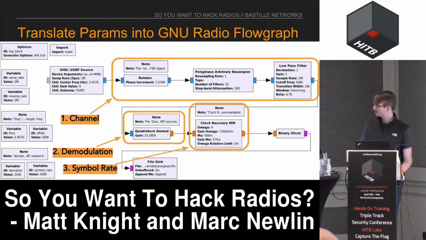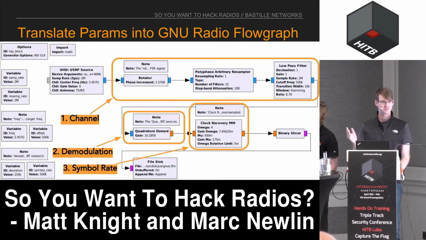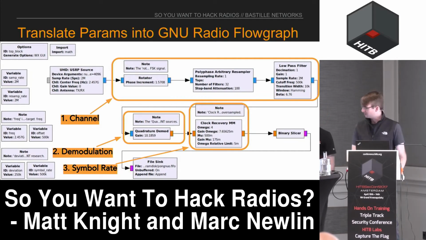The first oval on top is essentially establishing our channel. The rotator is centering our signal at the middle of the channel that we're looking at. The resampler is essentially throwing out anything that's outside of the channel, and then the low-pass filter is just cleaning up any spurious stuff that might be left over. The second oval, the one on the bottom left, is the demodulation.